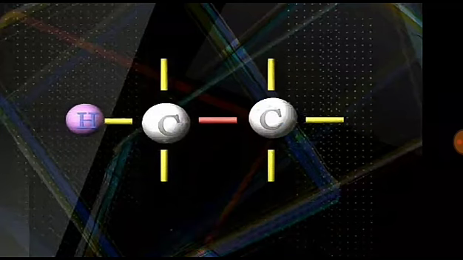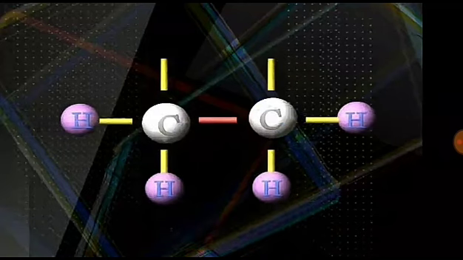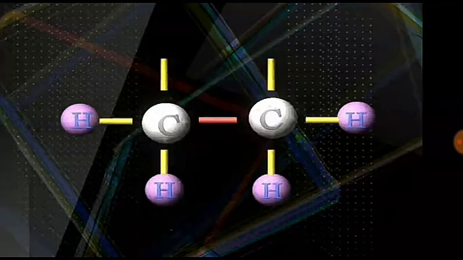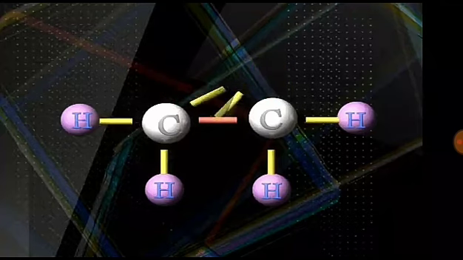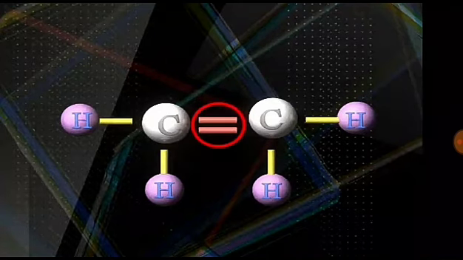Each carbon atom gets 2 hydrogen atoms. We see that 1 valency per carbon remains unsatisfied. This can be satisfied only if there is a double bond between the 2 carbon atoms.